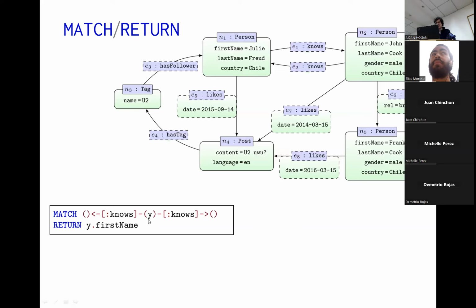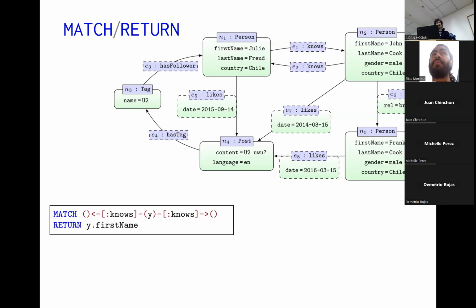So we can draw the pattern in either direction. And then we want to return the first name. In this case, we'll definitely get John, because John knows Julie and John knows Frank.